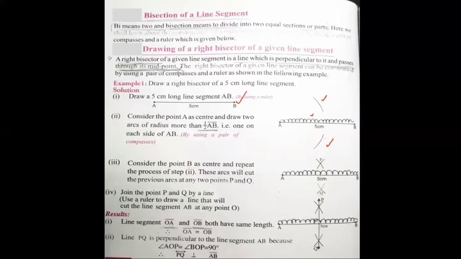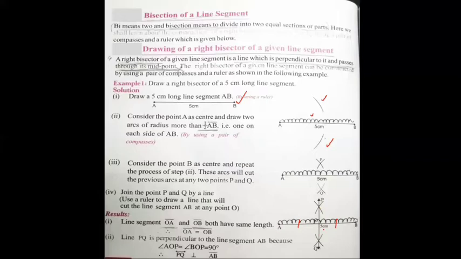Join the points P and Q with the ruler, and then we can say this line PQ is a right bisector. A right bisector has two properties. Number one, the length of OA and the length of OB will be equal to each other.